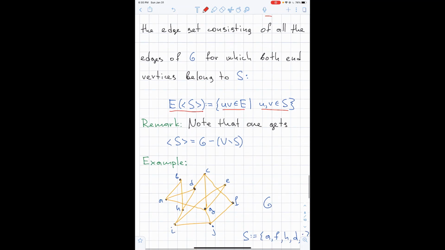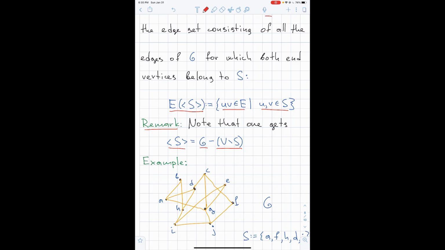A remark is that we already saw this construction in a different flavor. The graph induced by S is nothing else but the graph with all the vertices except those in S removed. So we remove the complement.